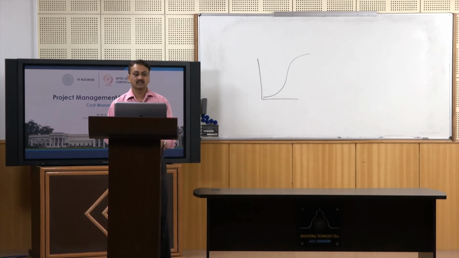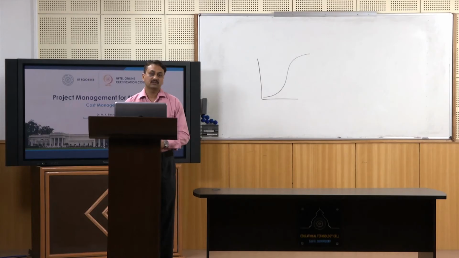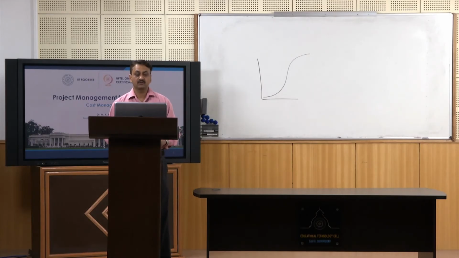And there are several cost control outputs, but we will not look at these outputs. We will look at some other performance measurement techniques. Whenever you measure performance of the project, you need to look at two important things: what you want to measure, and when you want to measure.